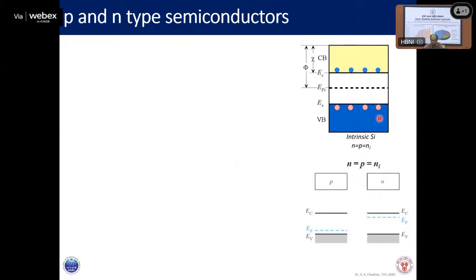Suppose I consider this as a 1 centimeter cube volume. So now my concentration of electrons, n, will be 4 per centimeter cube.